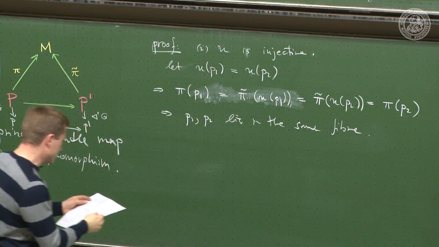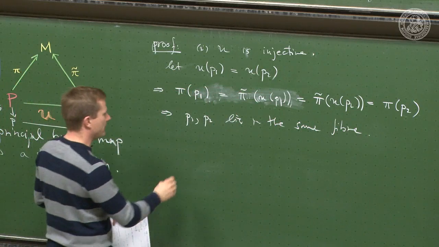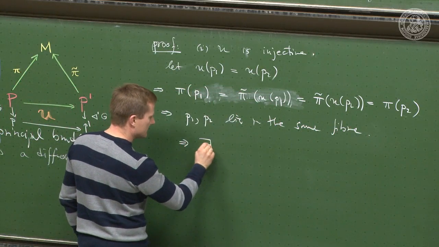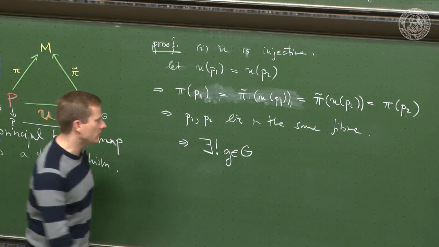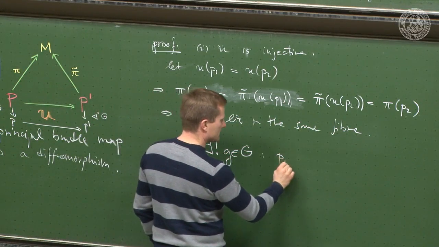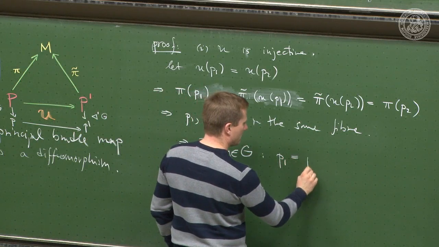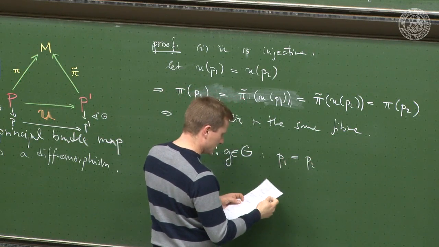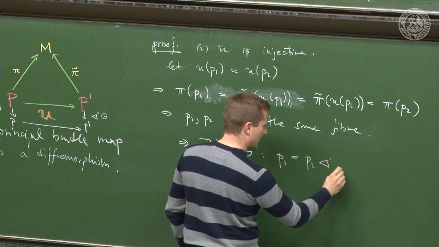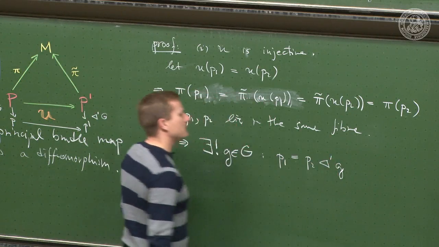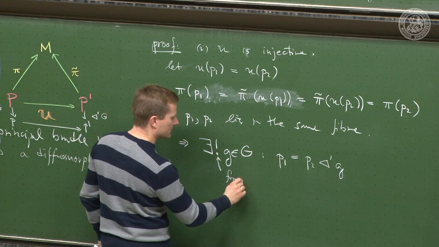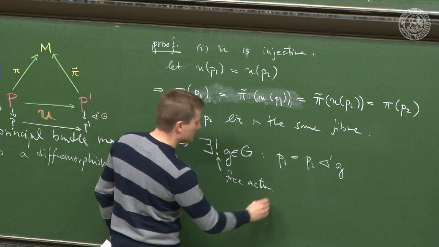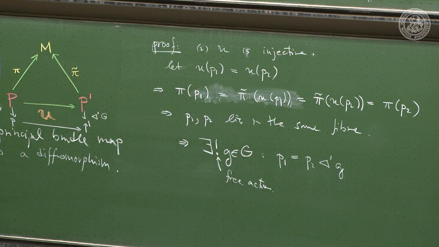Because they belong to the same fiber, that means there exists a unique element G in our group that relates the two. So I can say P1 or P2 is P2, or whatever action we want to take. Let's say this one, the primed one, G acts on this. And this uniqueness is due to the fact that we have a free action and that we have a principal bundle, for that matter.